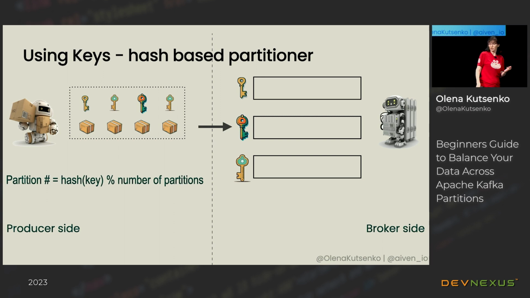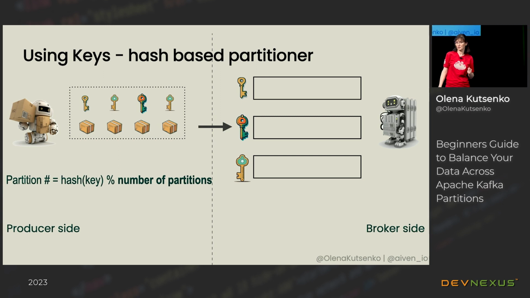However, an interesting thing, think what happens if we decide to change the number of partitions later in this formula. So we are increasing the number, say you had, I don't know, 10 partitions and you decided to go for 15. The distribution of the data across partitions will change.